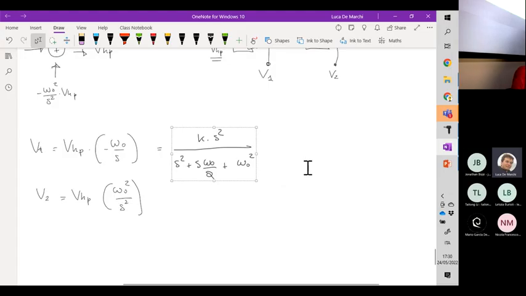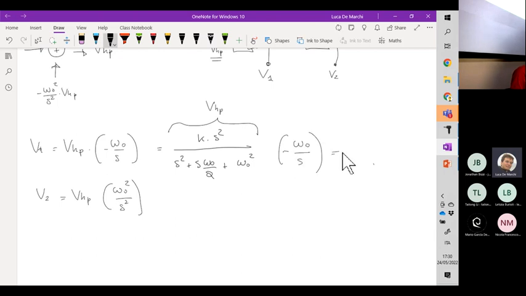So this is VHP. Then let's multiply this term times minus omega null over S. So what we get is S² plus S omega null over Q plus omega null squared. That's the denominator, as usual.